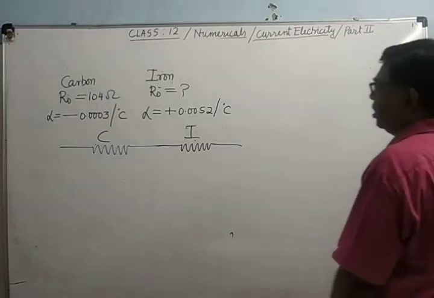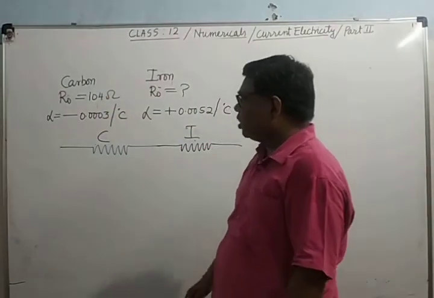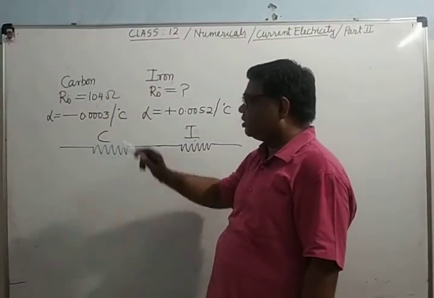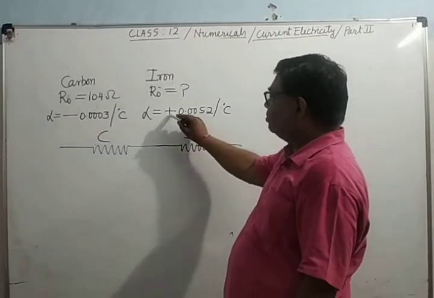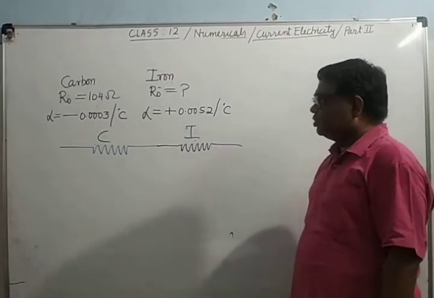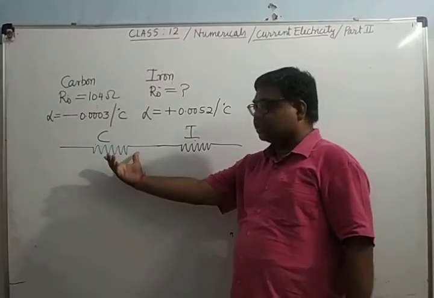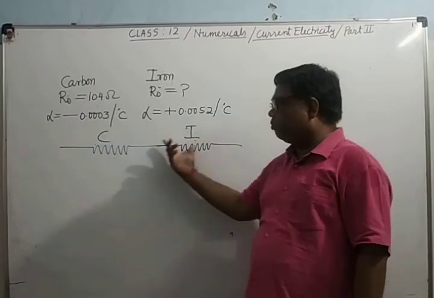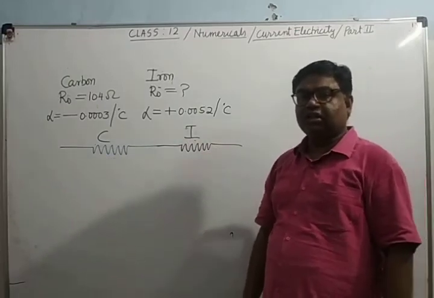You can see that the value of alpha for carbon is negative, therefore on increasing the temperature its resistance will decrease, while the resistance of iron will increase because here there is a plus sign. So here the change in resistance of the carbon filament should be equal to the change in resistance of the iron filament. Is it clear?